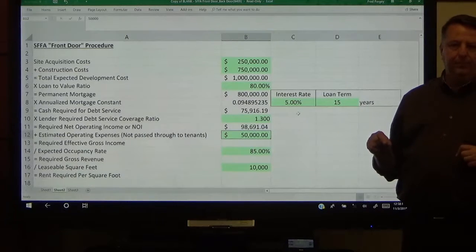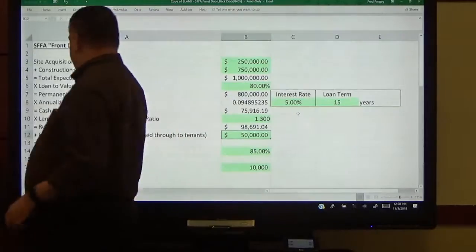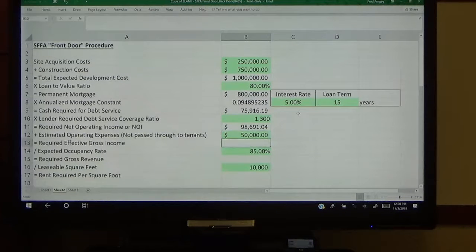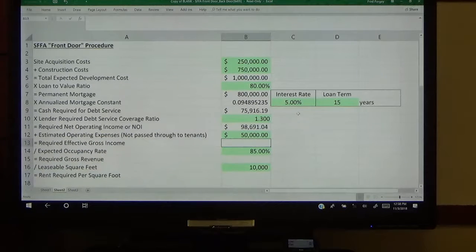Okay, make sense? Depending on the kind of lease that you have on this property, that number can be really high or 0, just depending on how you have it structured. In this case, what we're doing is backing into the required effective gross income that we need on this property.